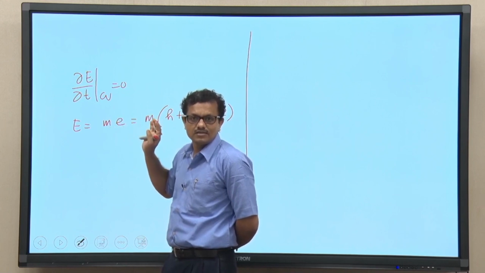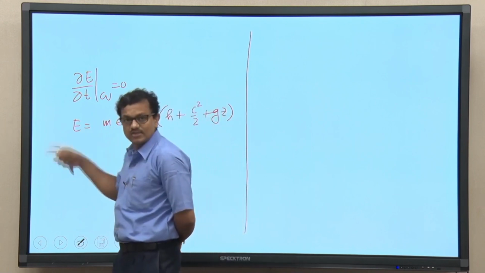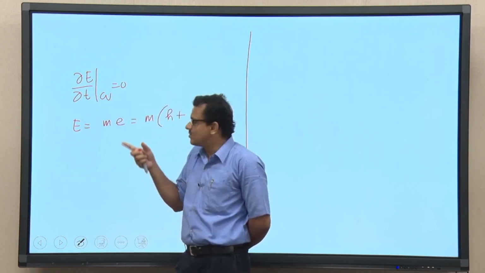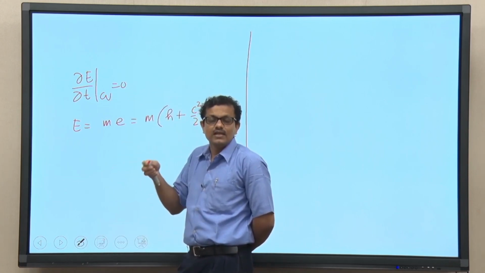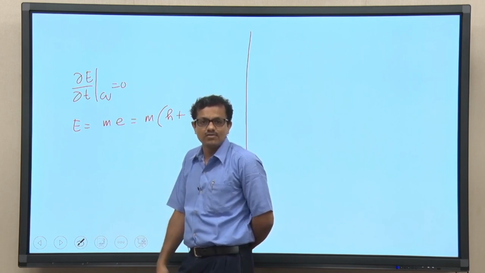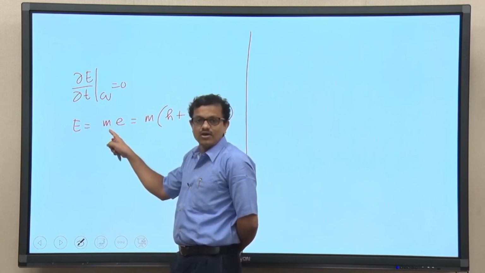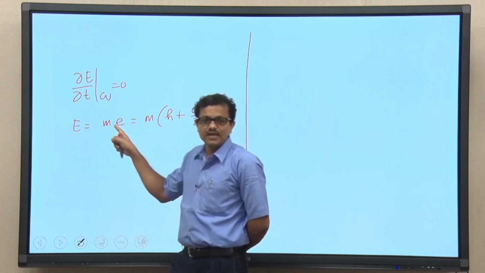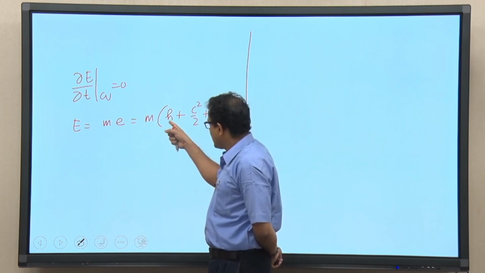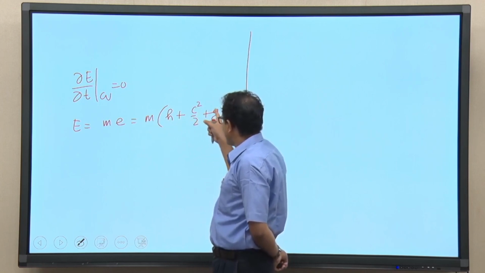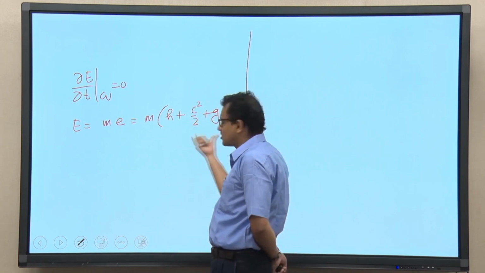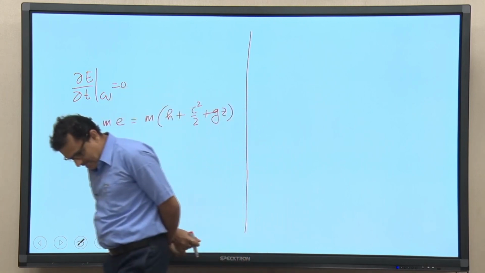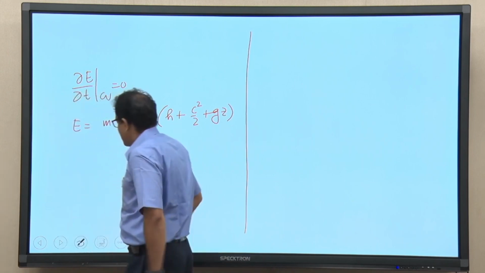If total energy has to remain invariant with time, the mass within the control volume should not change, as well as the specific energy, that is h plus velocity and the other properties, should not vary with time.